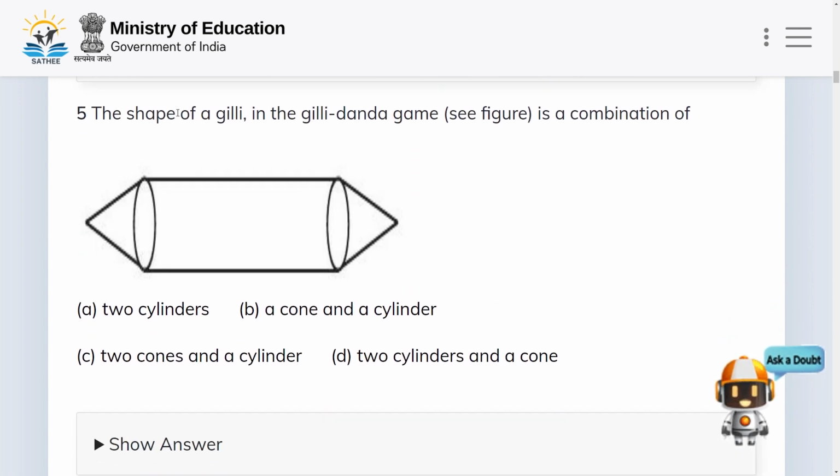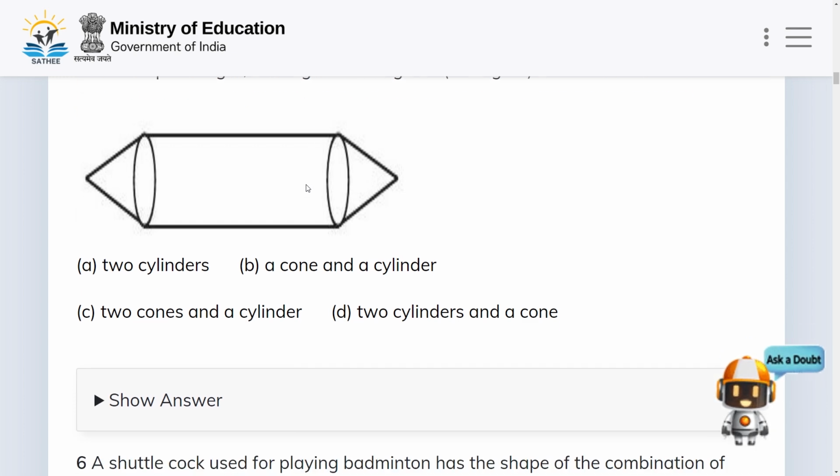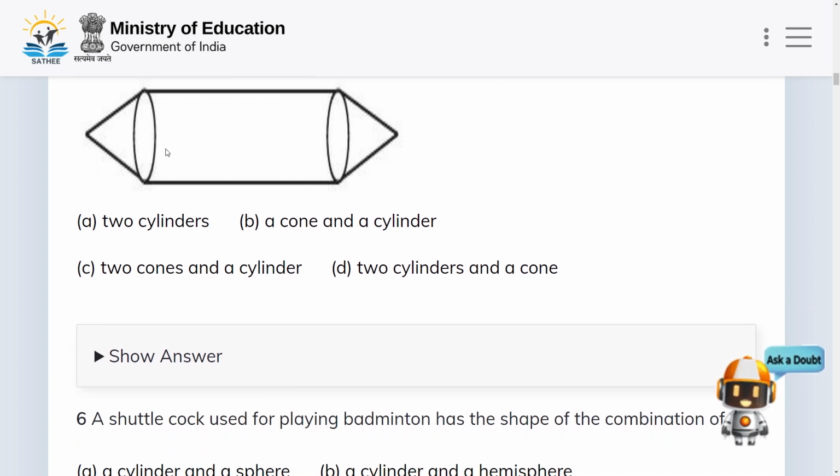Question number 5. The shape of a gilli in the gilli danda game. Do you know the gilli danda game? Here we ask what is the shape of a gilli, that is, what is the combination of shapes of a gilli? Let us see what are the combinations of this shape.